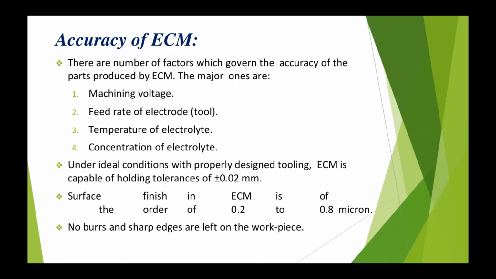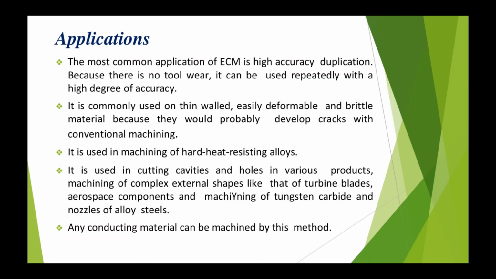Now let us discuss some applications of electrochemical machining. The first application is high accuracy duplication, because there is no tool wear, so it can be used repeatedly with a high degree of accuracy. It is commonly used on thin walled, easily deformable and brittle materials, because they would probably develop cracks with conventional machining.